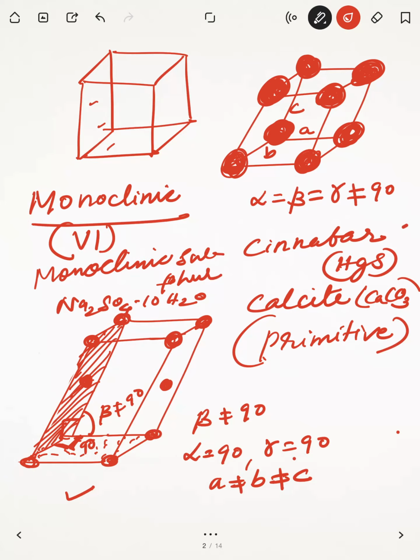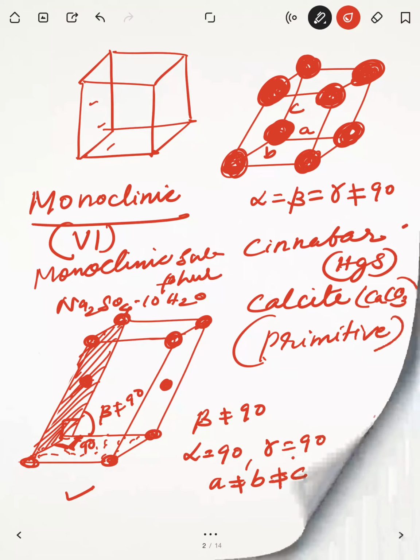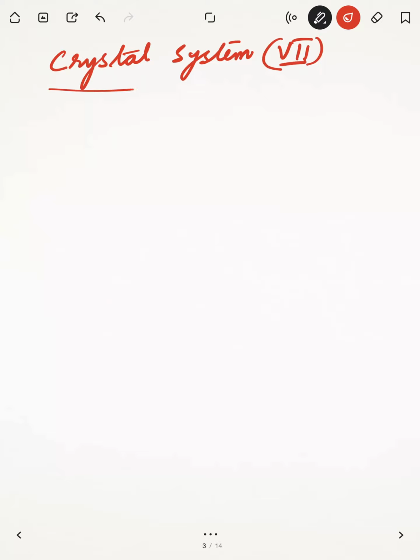Next, the last crystal system, the seventh shape, is called triclinic.